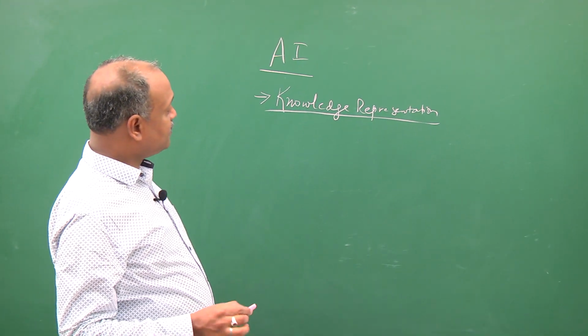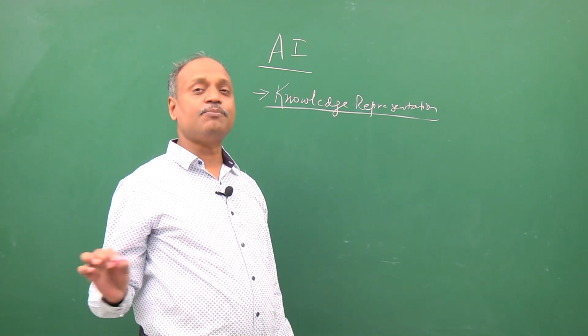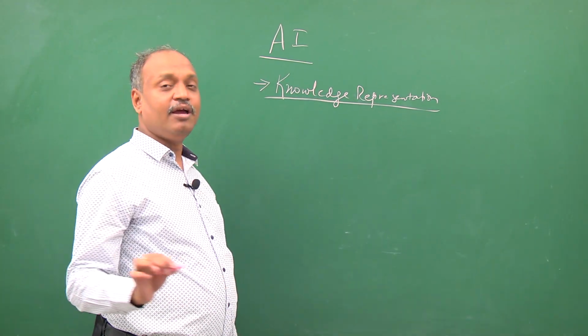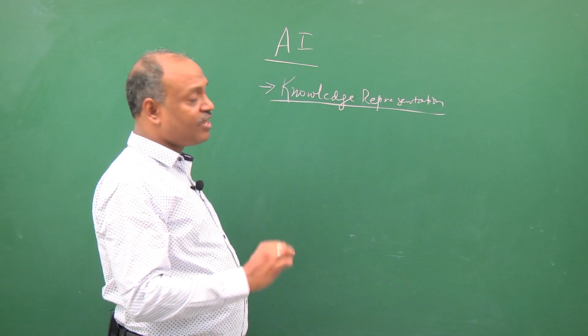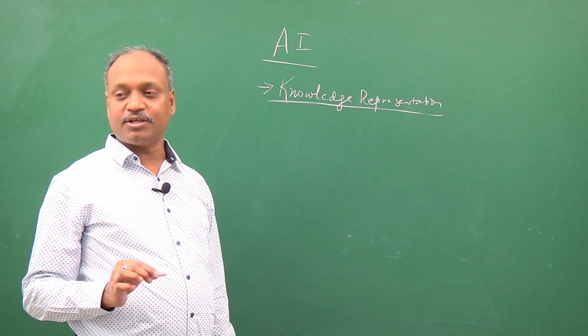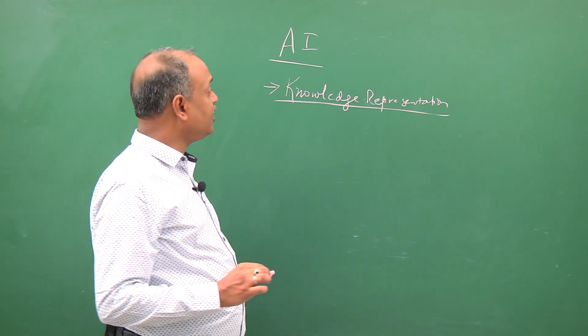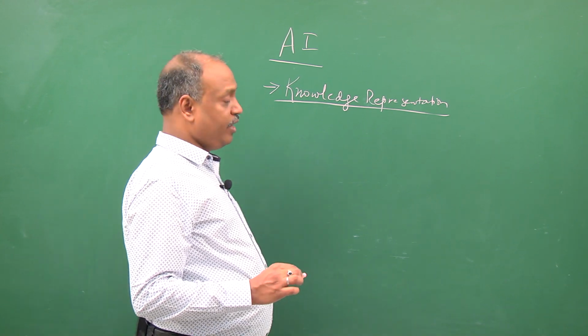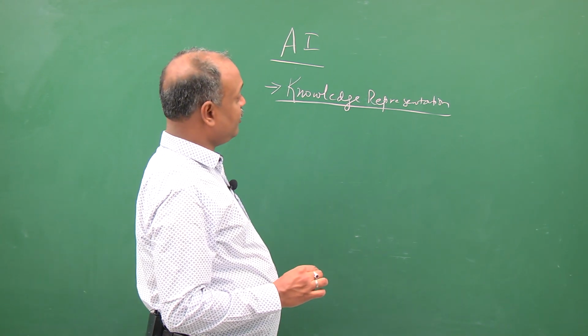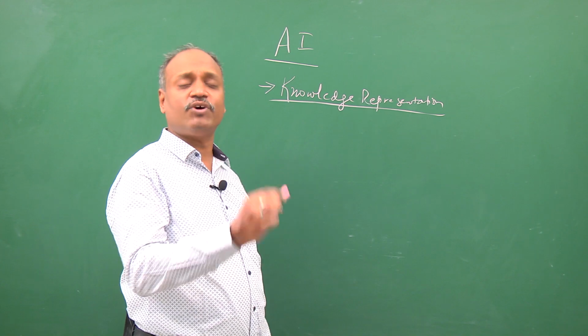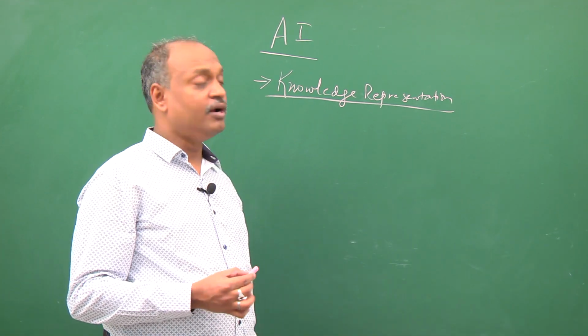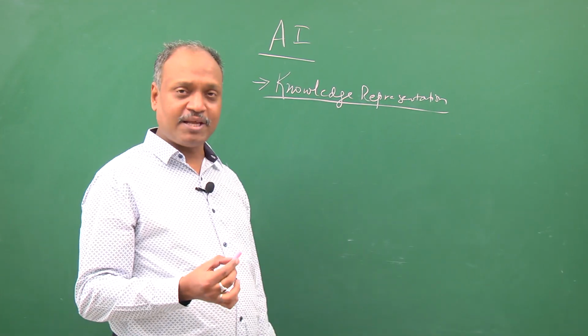This could be represented in various types of forms. We have historically developed several variants of knowledge representations over the history of AI. In fact, if you see the history, we have thousands of varieties of knowledge representations for different AI systems.